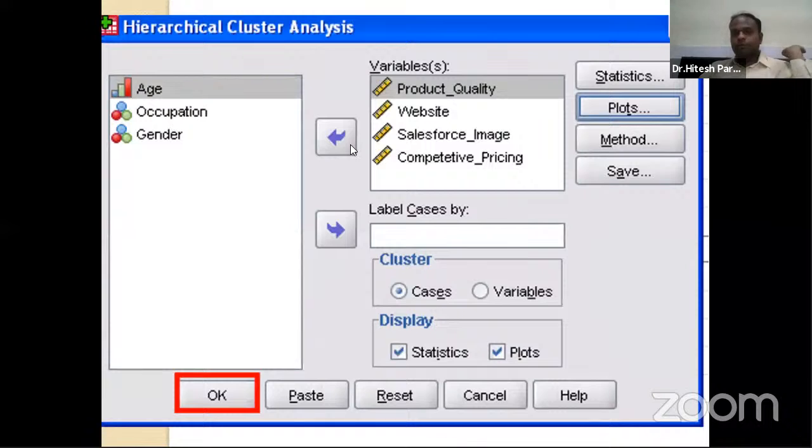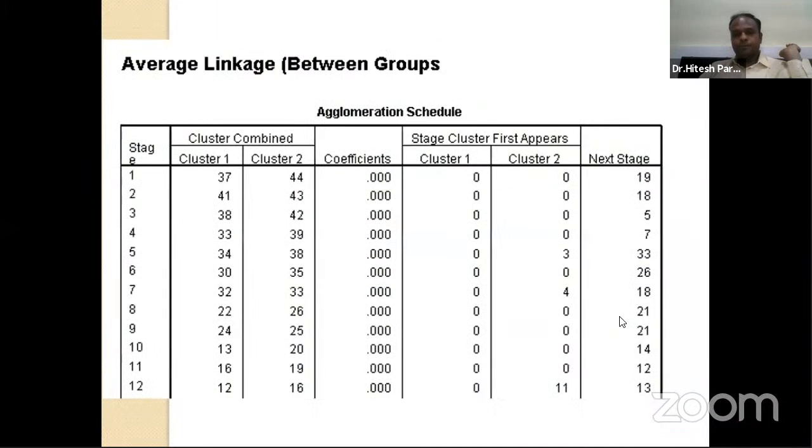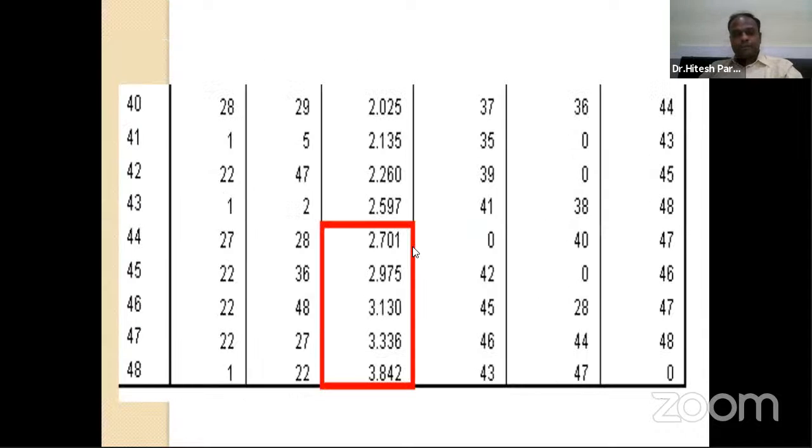Everybody is with me? Got the output? Fine. So the first thing that we need to observe is average linkage. In average linkage, the last one, we have 48 respondents.